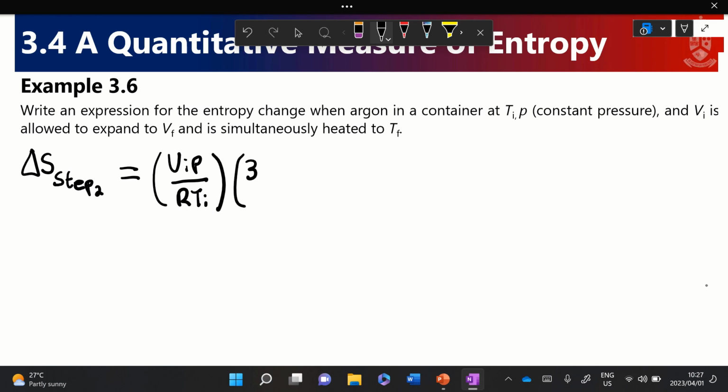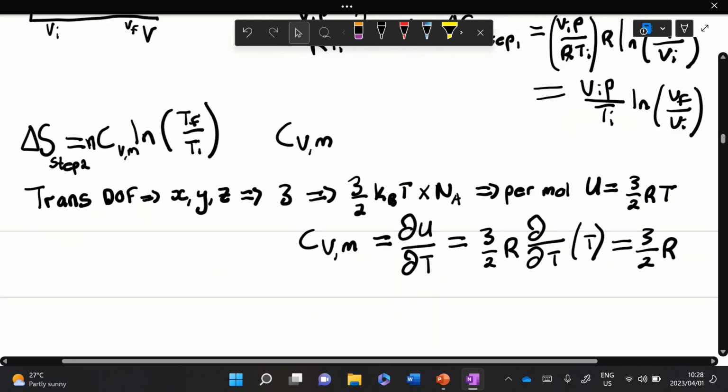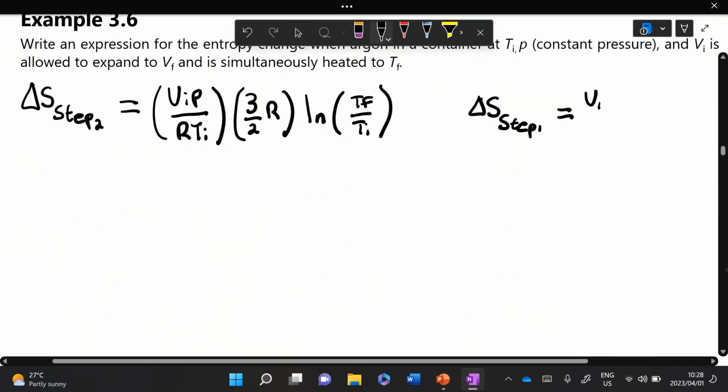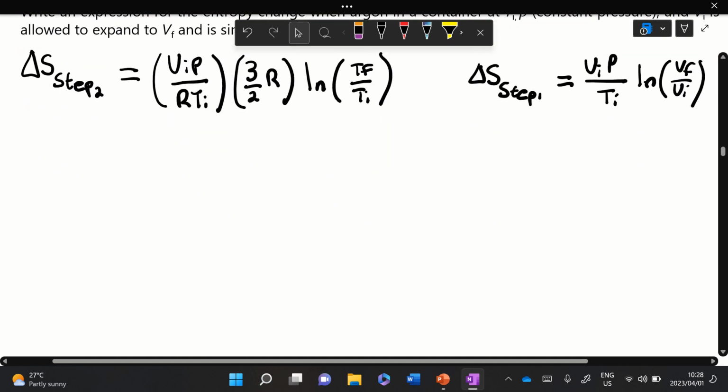Then we have this 3 over 2R value, and we have ln TF over TI. And delta S step 1 is equal to, I've forgotten, VIP over TI. Let me just ensure I don't translate anything incorrectly downwards, because then I'm going to make a mess of the next step.